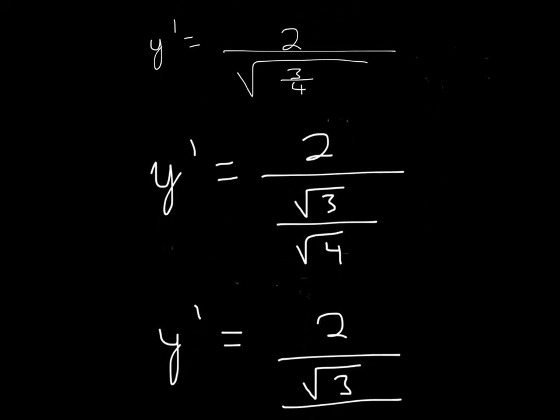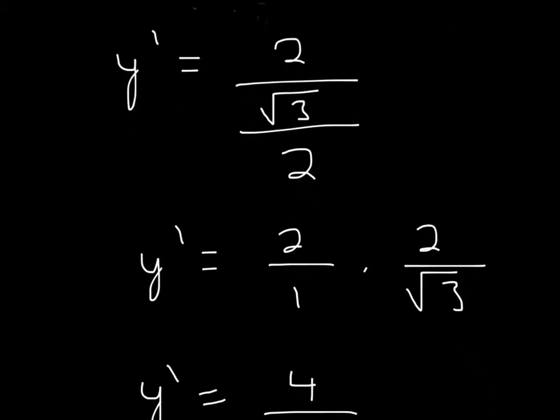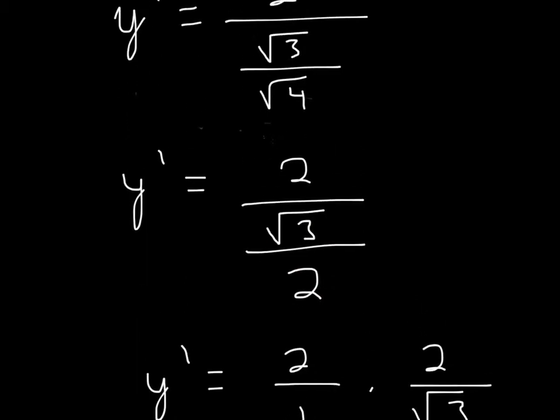Continuing on, since it's the square root of both of these, we can rewrite it as the square root of 3 over the square root of 4. Then we have 2 over the square root of 3 over 2, remember, because the square root of 4 is just 2. That's all I did there.